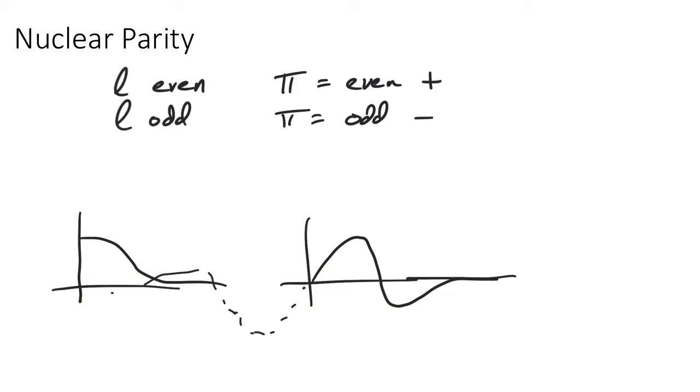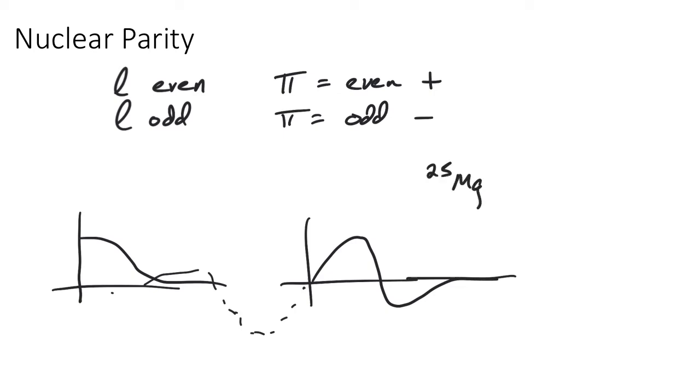In fact, the parity comes with the spherical harmonics in this case, but the same argument applies. Only with L equals odd do you have half of your sphere positive, and if you go to the antipodal part of the sphere, it'll be negative.